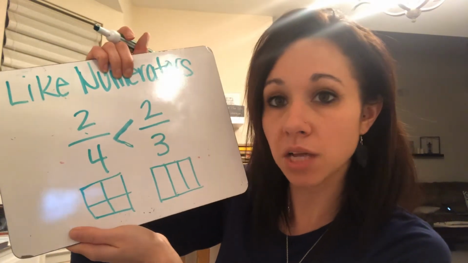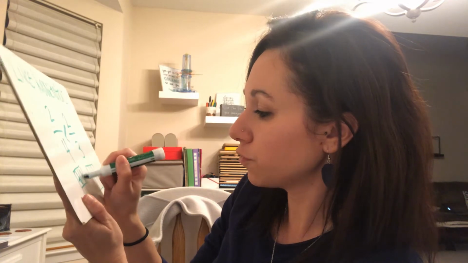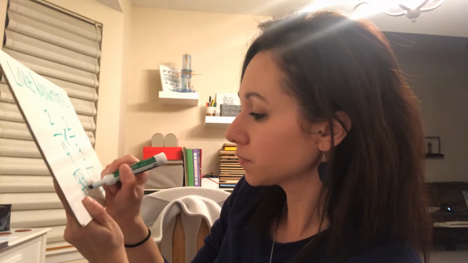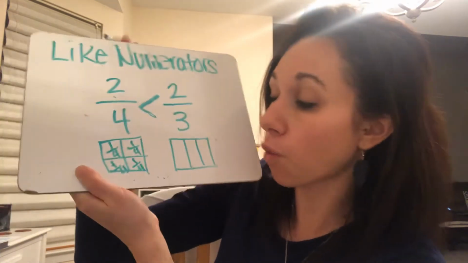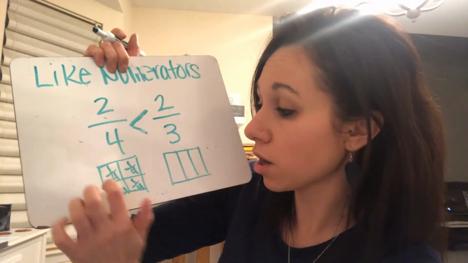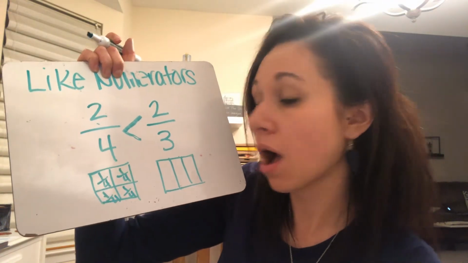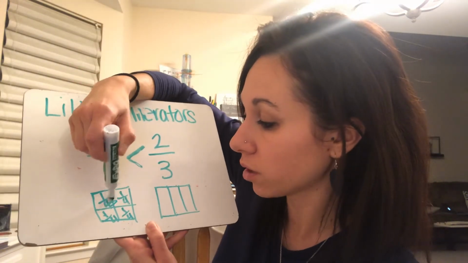If we were going to make models of this, my models wouldn't look exactly the same. For the model for 2/4, I would have 4 1/4 unit fractions in my whole, because there's 4 pieces in the denominator. I am coloring in 2 of them.